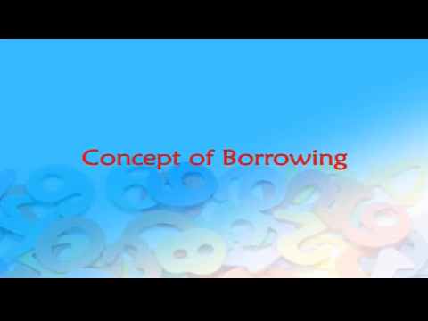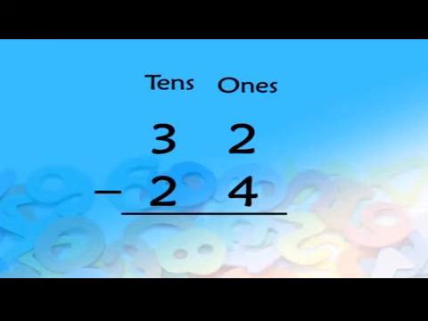Let us go on to the next one, the concept of borrowing. Give them pictures like this. It is 32 minus 24, and they know that from 2 we cannot take 4 out. So, we have to tell them that in ones there are no extra numbers.